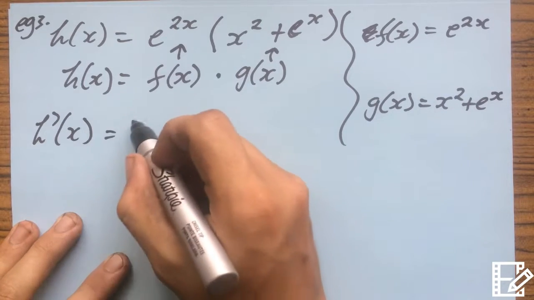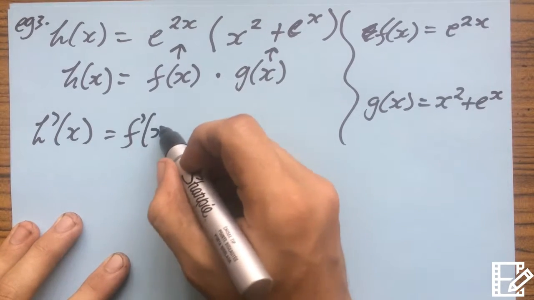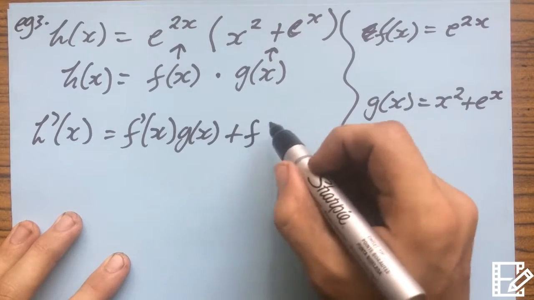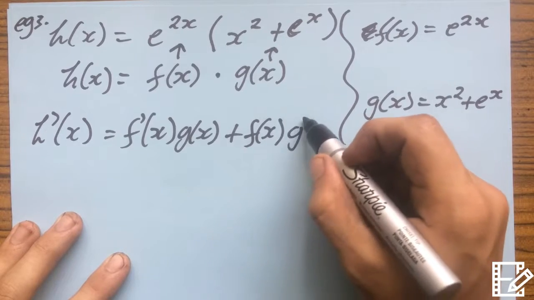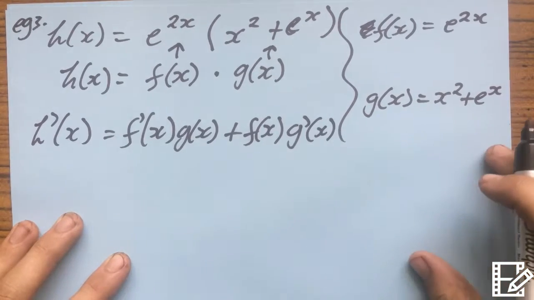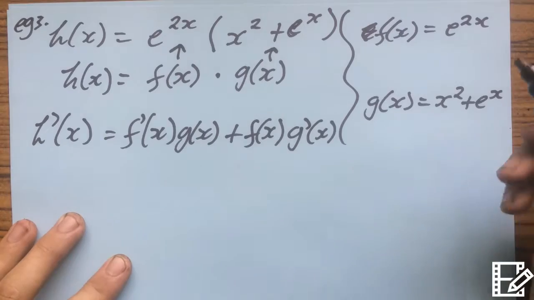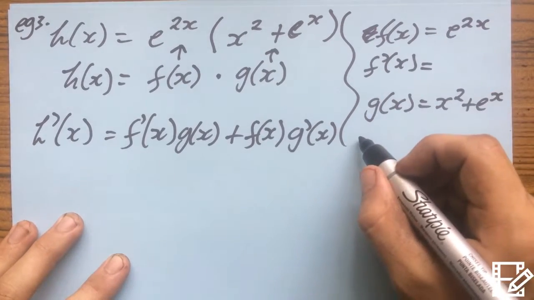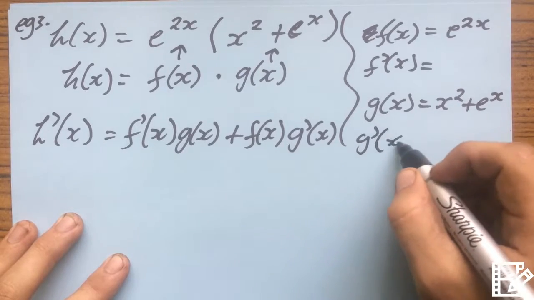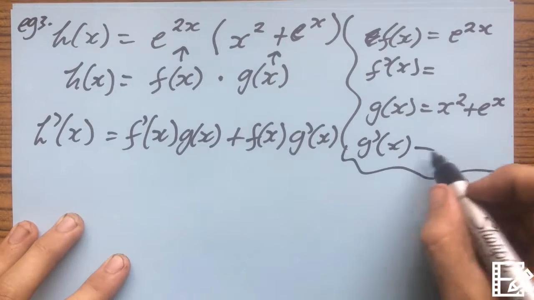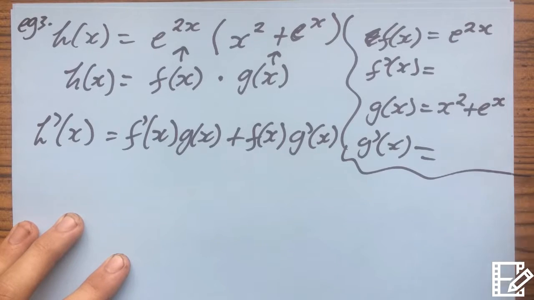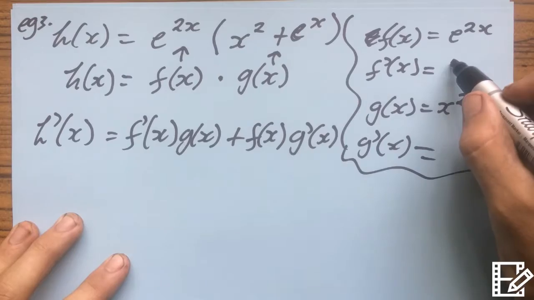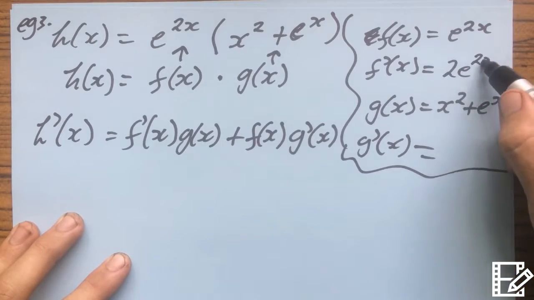Derivative of f multiplied by g plus f multiplied by the derivative of g. So we need to find the derivative of f, and we need to find the derivative of g. The derivative of f, the derivative of e to the power of 2x, is 2e to the power of 2x.